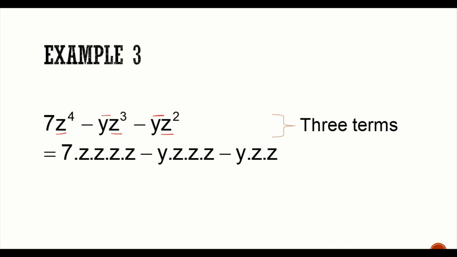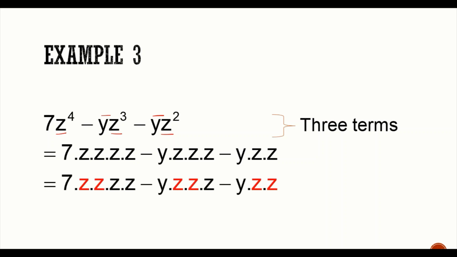And z to power 2, 2 times. So you can see that at least on all the three terms we have 2 z's, or z to power 2. So what you can do is you can take z squared as a common factor. That will leave you with 7z squared minus yz minus y.